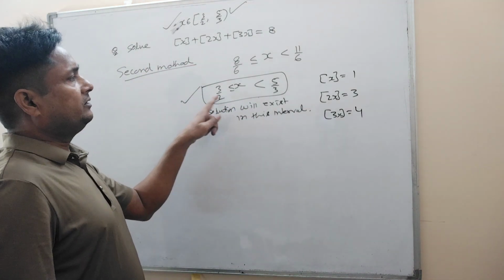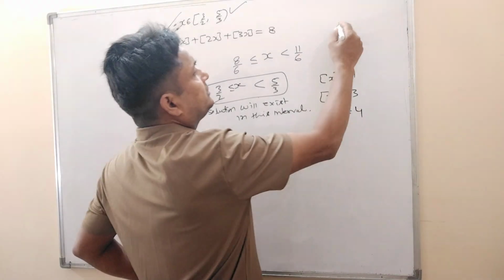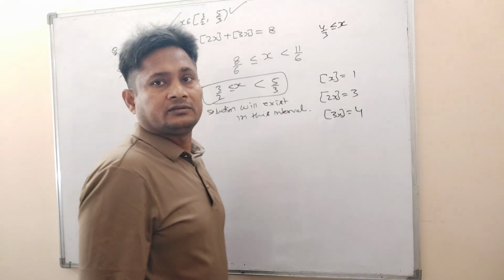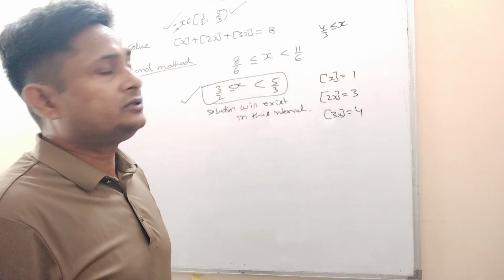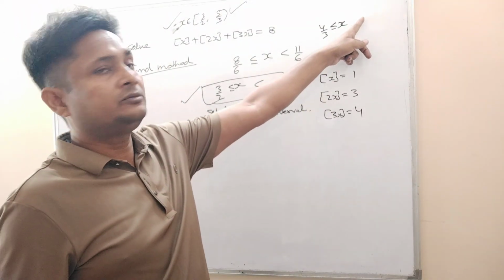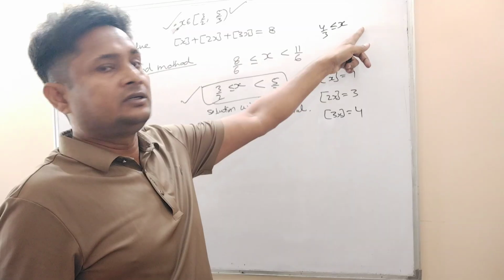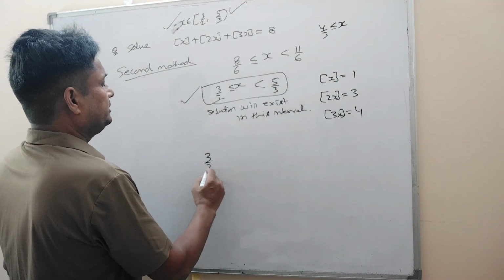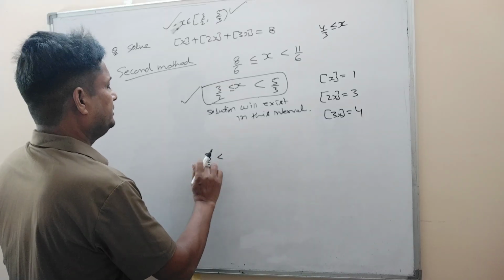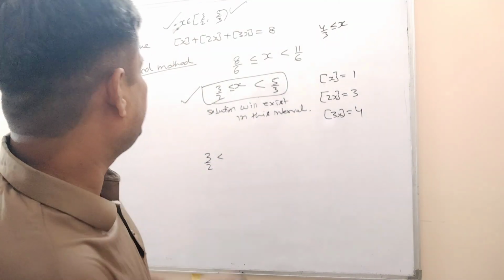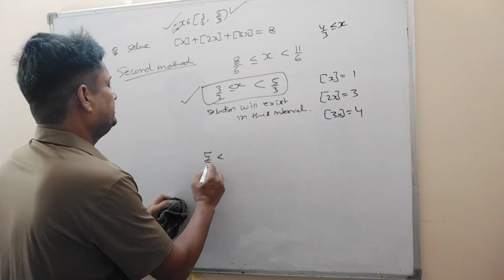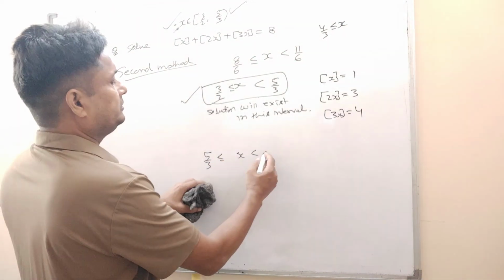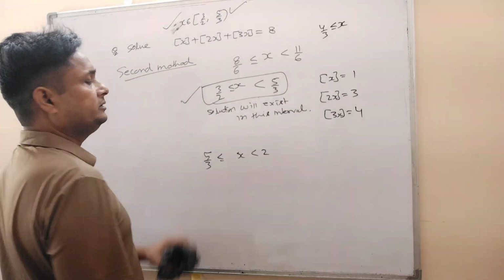Why have we found the first interval? First interval was 4 by 3. Next one was 1.5, that is 3 by 2. Next one is 5 by 3 to 2.